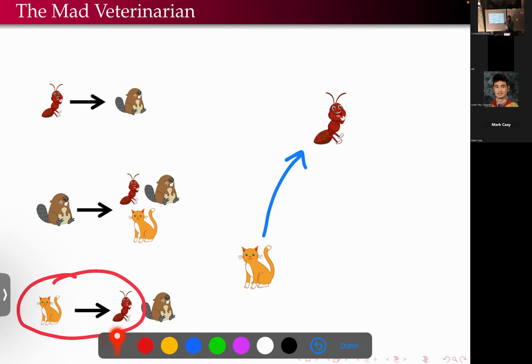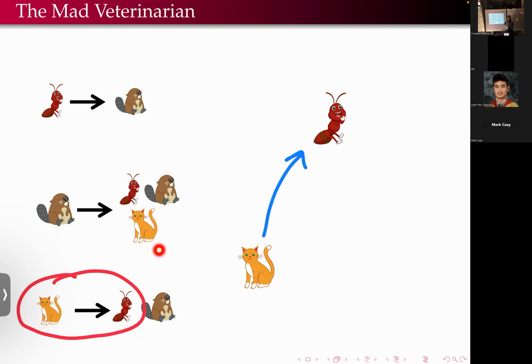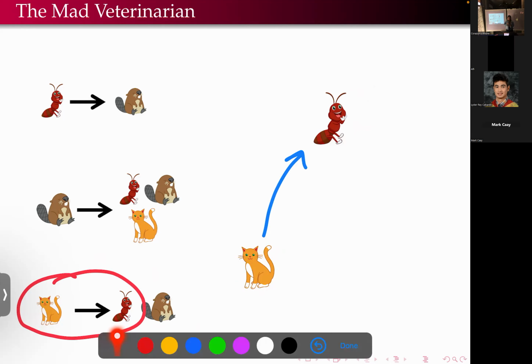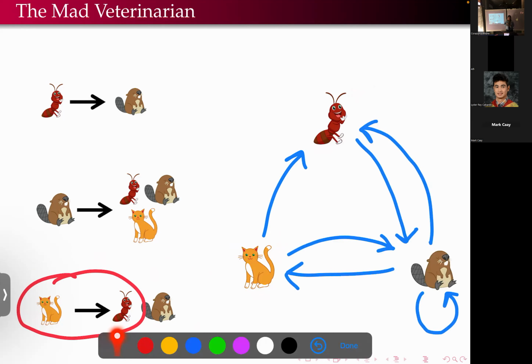Let's say that this transformation is viewed as a directed edge coming from the animal going to the animal it has produced. So for example, this transformation here would mean that there is an edge with source cat and range ant.